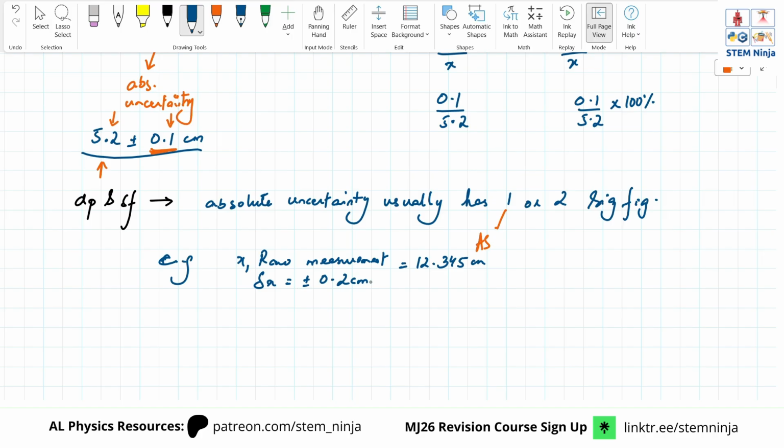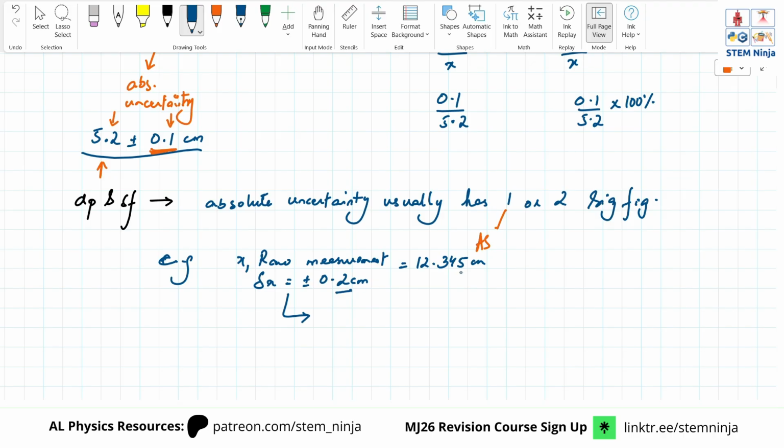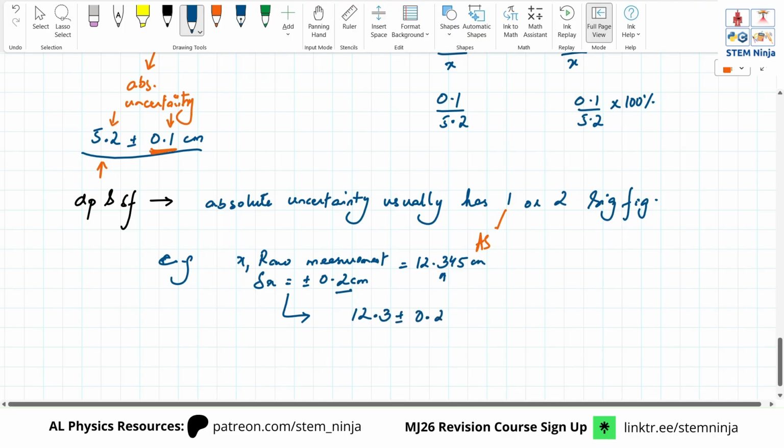You know this from, for example, the instrument itself. So how will we write the final measurement? See, one significant figure, one decimal place, we would round it to 12.3. 12.3 plus minus 0.2 centimeter.